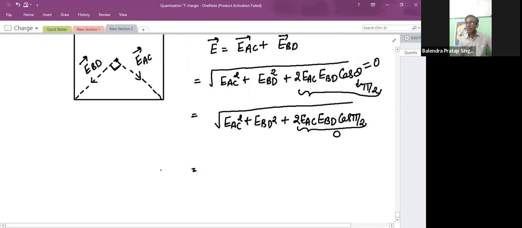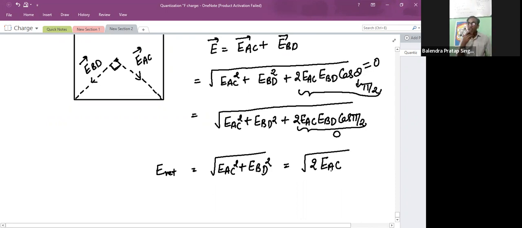Now finally the net electric field at the center is nothing but the magnitude: under root EAC square plus EBD square, and as we know EAC is equal to EBD, so you can write it as under root of twice EAC square.